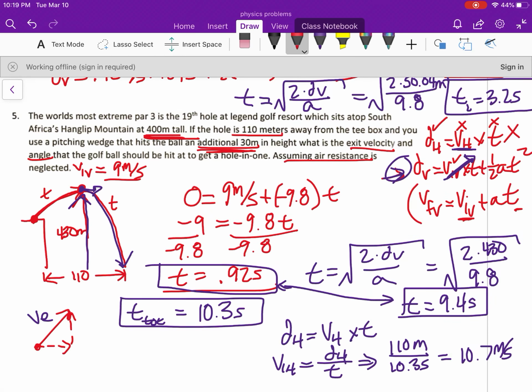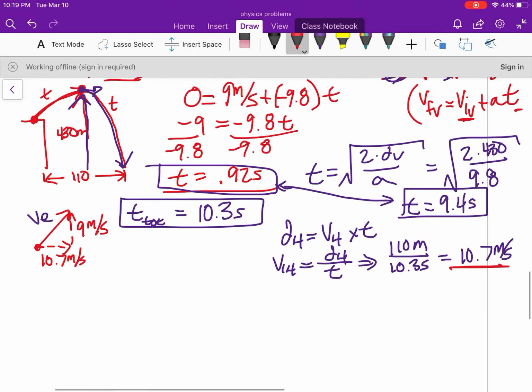So now I can finish off my exit velocity triangle. And I know that my initial vertical was 9 meters per second. I know my initial horizontal, we just calculated as 10.7 meters per second. So now again, the same way we did earlier to calculate the third side of a triangle, a squared plus b squared equals c squared.